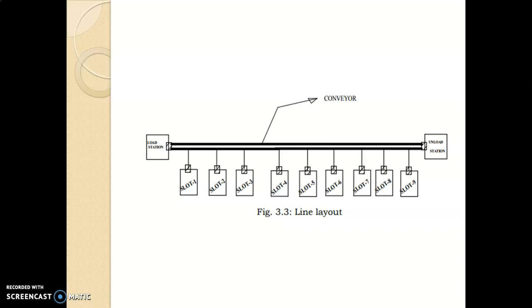The figure shows clearly loading at one end of the station, unloading at the other end, and in between the conveyor is connected between all the machines. We can see a large variety of parts being produced in this line layout.